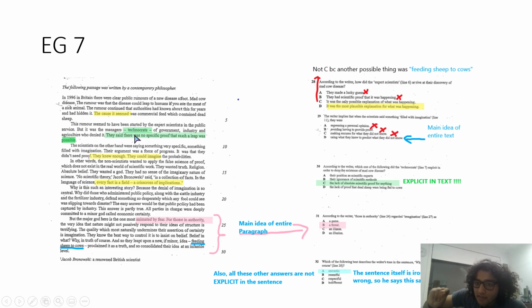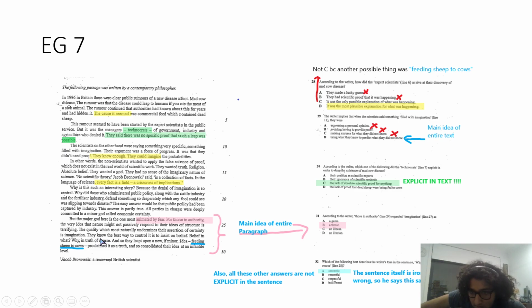They said that there was no specific proof that such a leap was possible. Right? The lack of absolute scientific proof for anything. Because later down, when the narrator, the author, talks about how they look for truth, they look for why in truth, of course, and so they leapt upon a new minor idea.